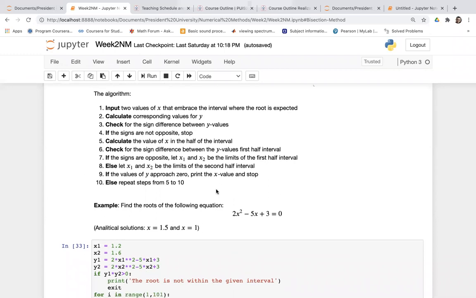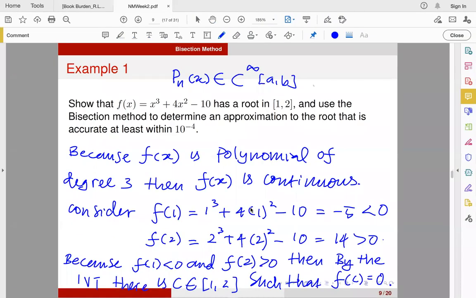I will use the same problem as before, but I will change it. The previous problem was x cubic plus 4x squared minus 10.